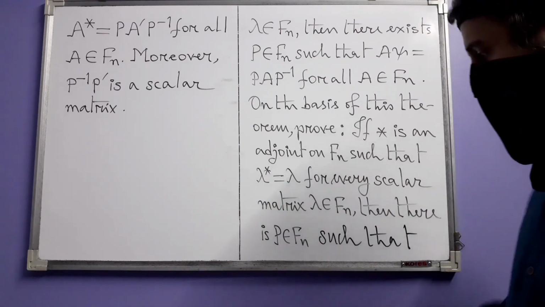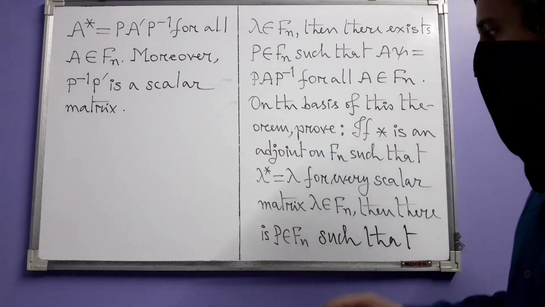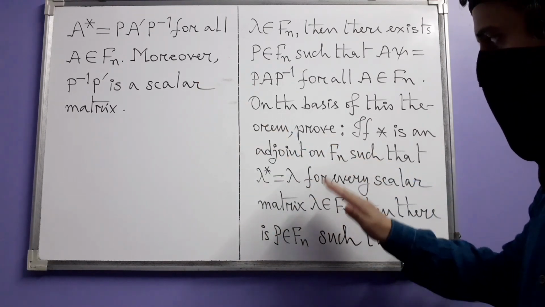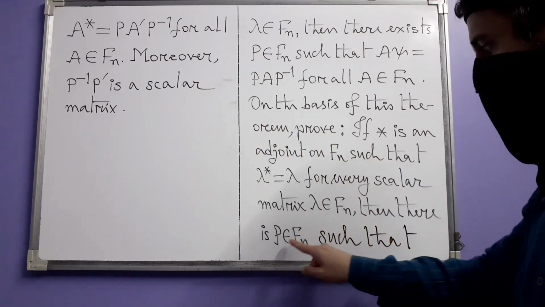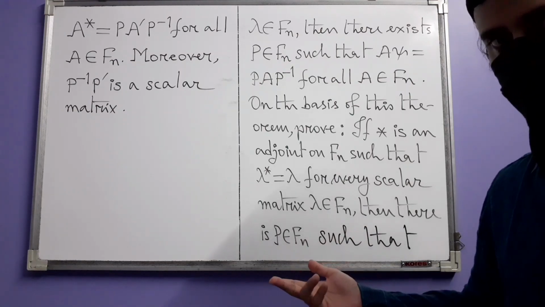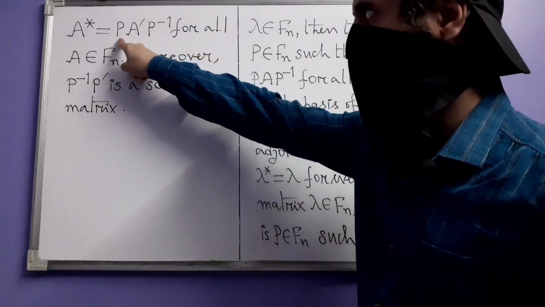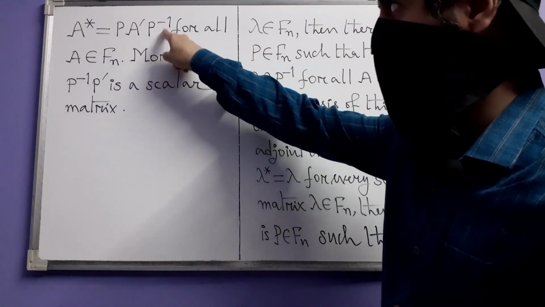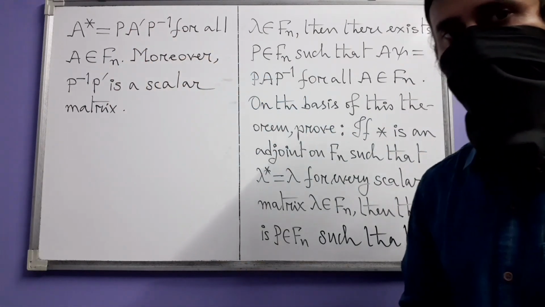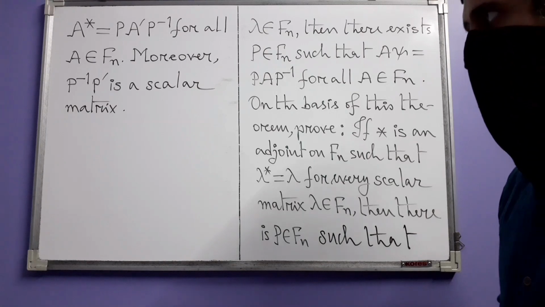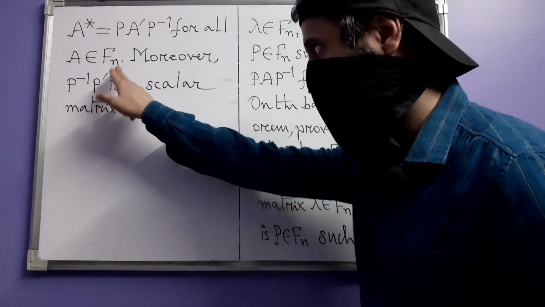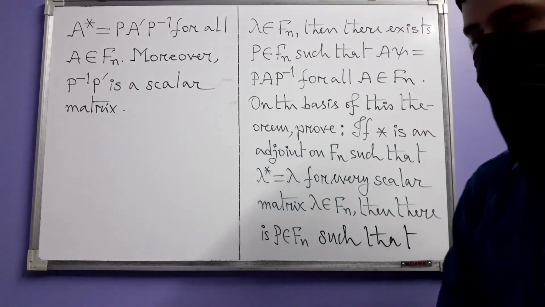The missing part is this: if all these things are true, then there exists an invertible matrix P in Fn for which the adjoint of A is equal to P times A transpose times P inverse for all matrices A in Fn. And additionally, the matrix P inverse times P transpose is a scalar matrix.